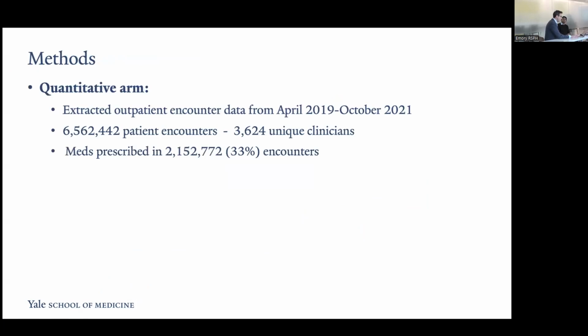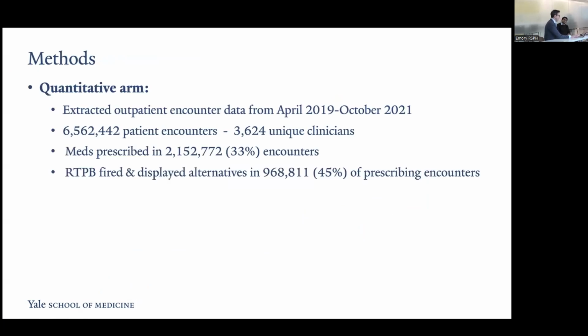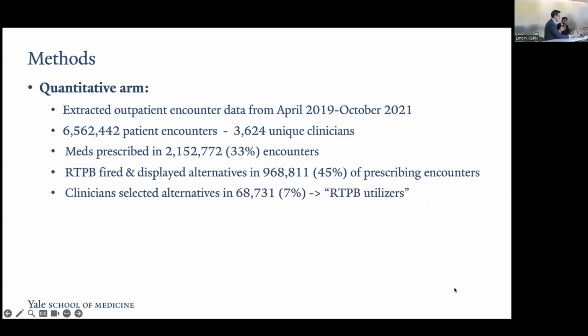Just very briefly, in the quantitative arm of this study, we looked at over 6 million patient encounters with medicines prescribed in a third of them, and the tool firing or displaying alternatives in about half of those cases, but clinicians selecting alternatives in a very small percentage.